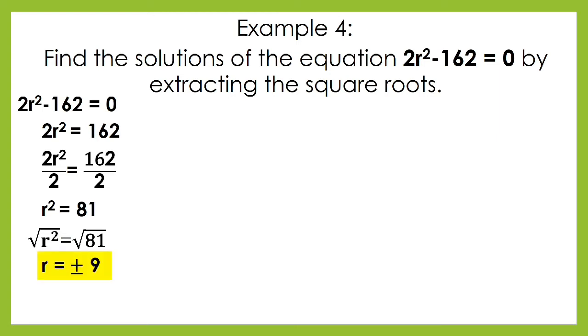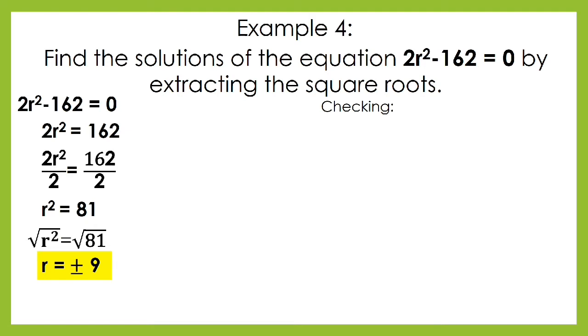We now have square root of r squared is r. Cancel natin ang square root and square. Equals positive negative, square root of 81 is 9. Therefore, ang ating solution or solutions or roots ay 9 or negative 9.